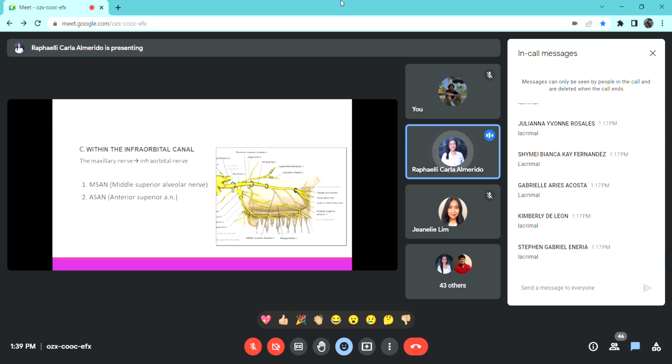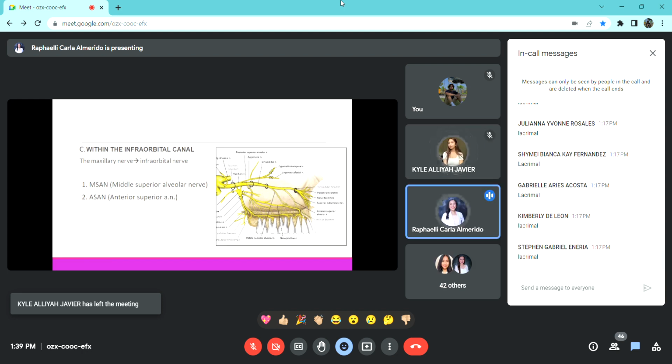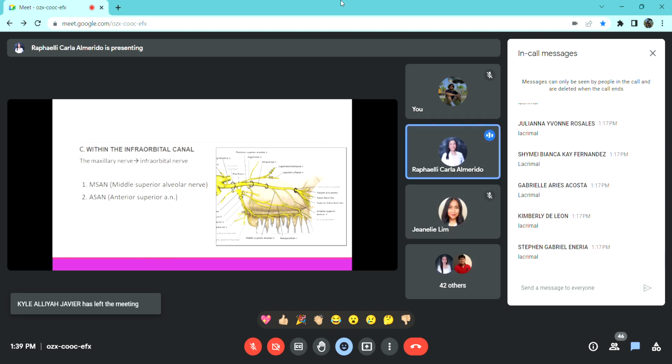So you can follow that. So, when you look at the skull, when you try to remove this nerve, imagine there will be a depression area there. So, that will be your inferior orbital fissure, your infraorbital groove and canal, and it will exit through the infraorbital foramen. So remember those parts.